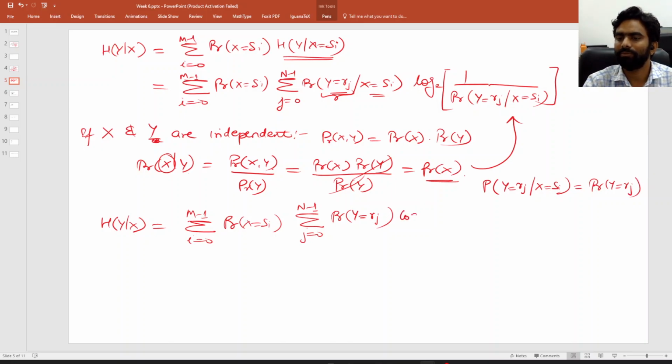Clear? So it would be log 1 by the probability of Y equal to rj.